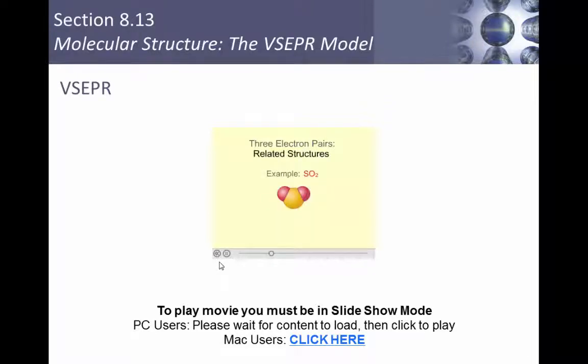When one of the three electron pairs surrounding the central atom is a non-bonding pair, as in sulfur dioxide, the resulting structure is known as bent. Four bonding electron pairs around the central atom result in a tetrahedral structure. Methane has a tetrahedral structure.